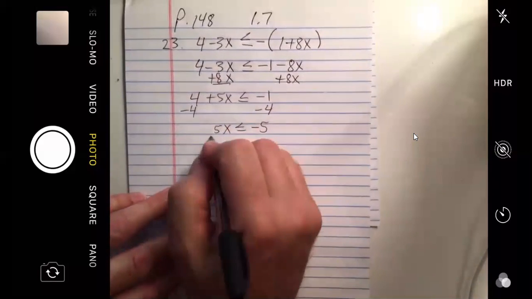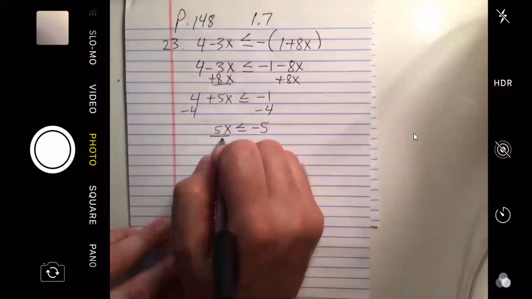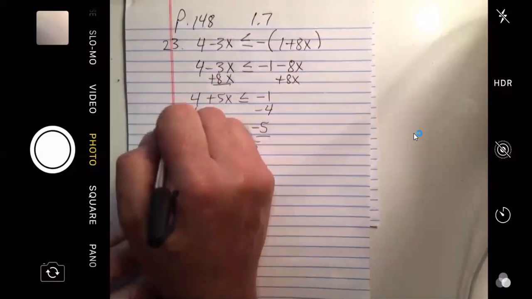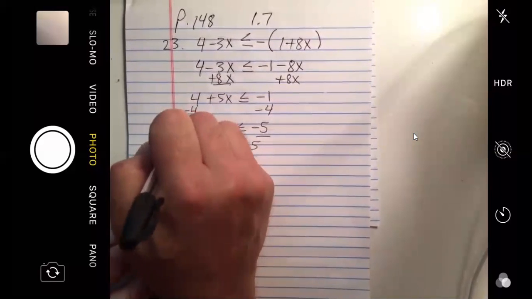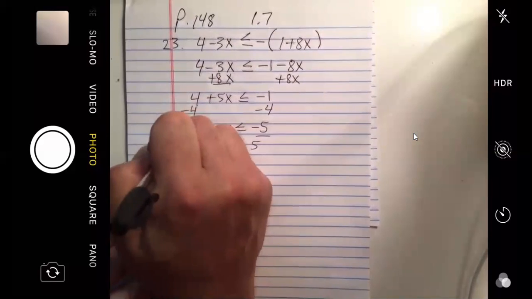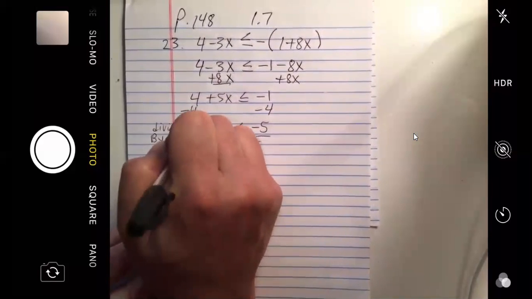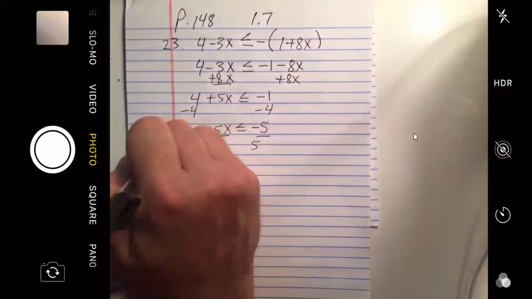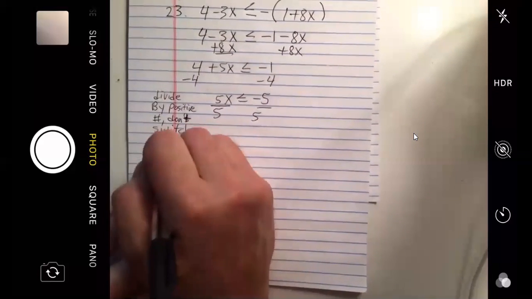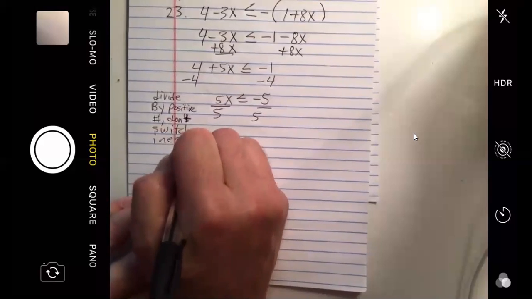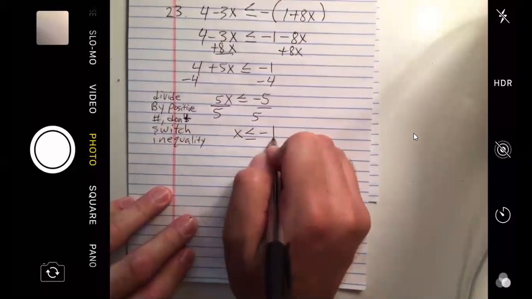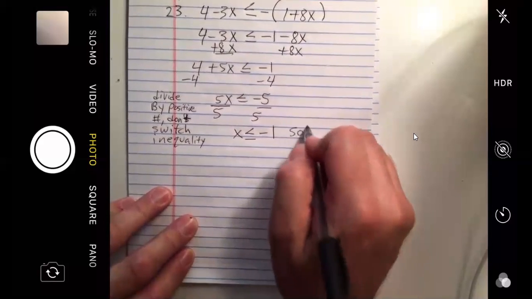Notice I'm dividing by a positive number, so you don't switch the inequality. x is less than or equal to -1. That is the solve.